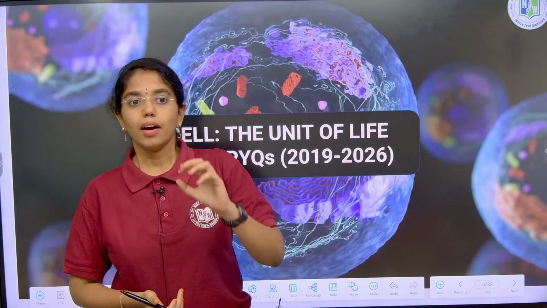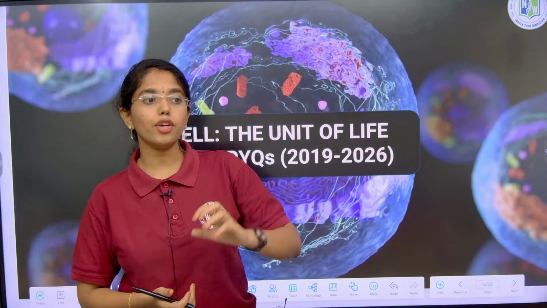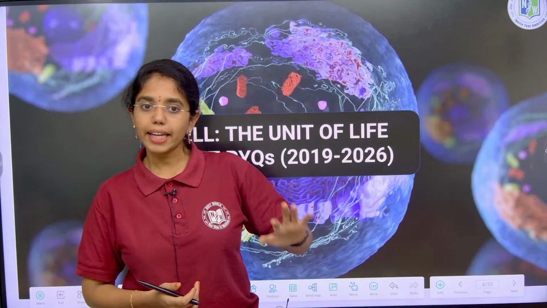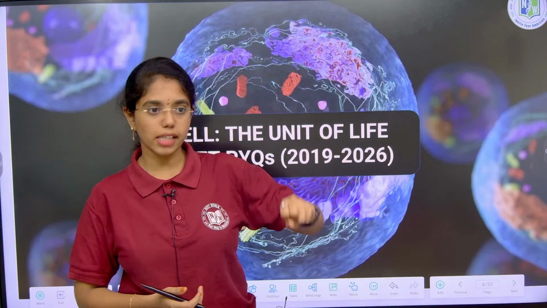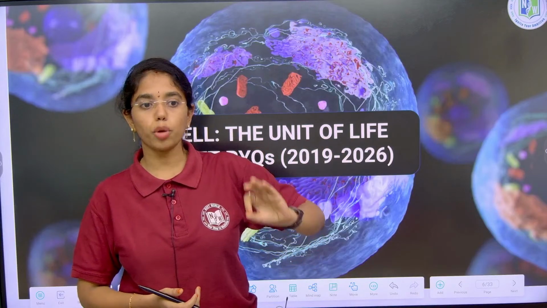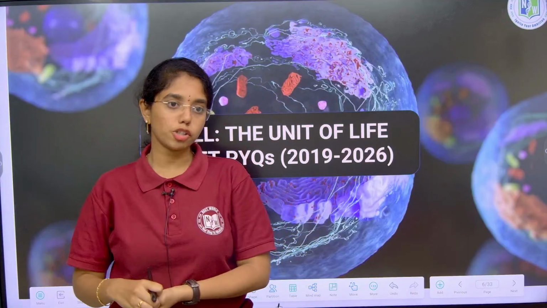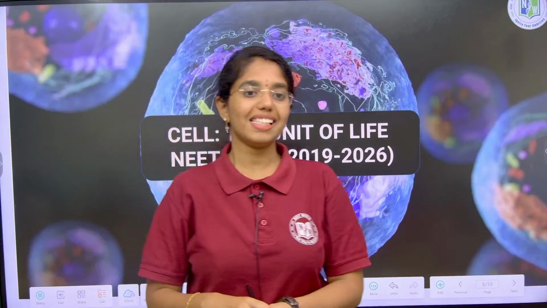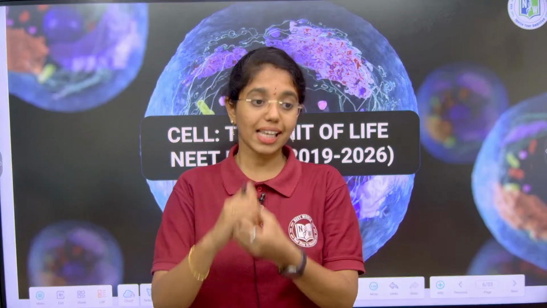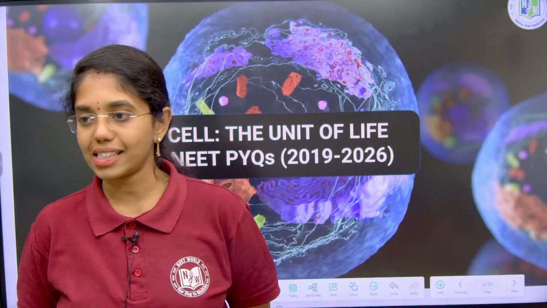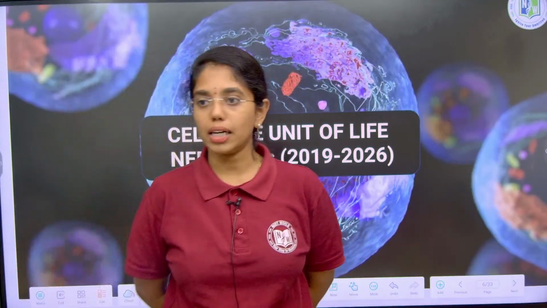Next, what type of ribosomes are present in a eukaryotic cell? 80S and 70S. 80S attached to ER and in cytoplasm, 70S in chloroplast and mitochondria. The association of larger subunit and smaller subunit in ribosomes is decided by what ion concentration? Magnesium ion concentration will decide the association of LSU and SSU, that is larger subunit and smaller subunit.